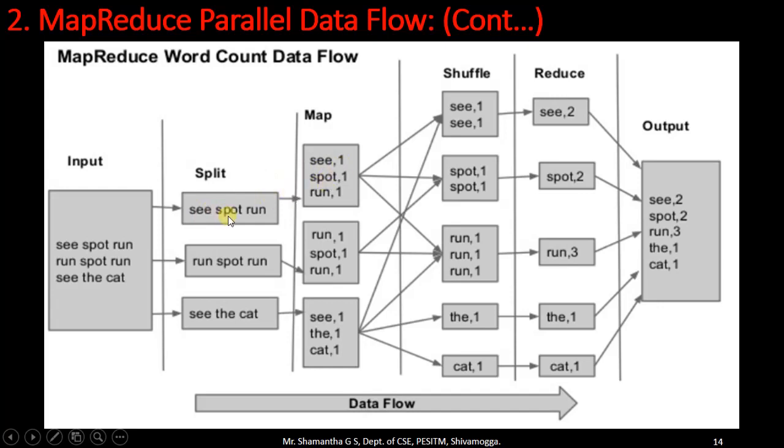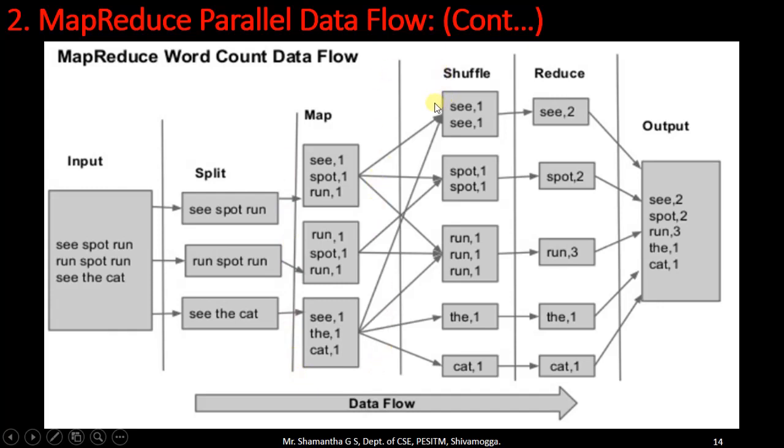Similarly, spot is the key, the value is 1. Run is the key and the value is 1. In the second line, run is the key, 1 is the value. Spot is the key, 1 is the value. One more, run is the key and 1 is the value. Similarly for the third line. So this happens in the mapping phase.